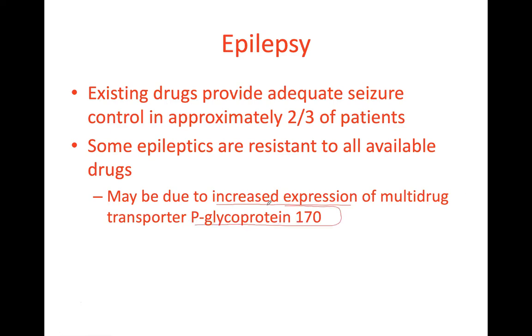This is one area that's real hot right now because of the potential for dealing with seizures. And so this is one of those polymorphisms that we need to be aware of.